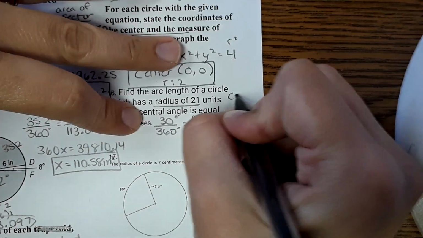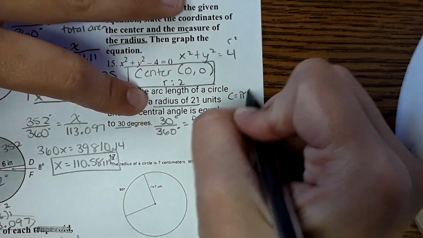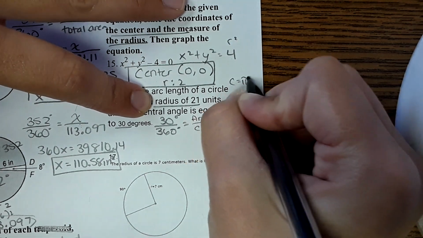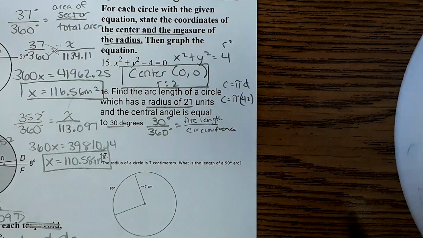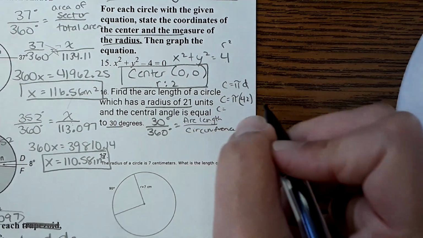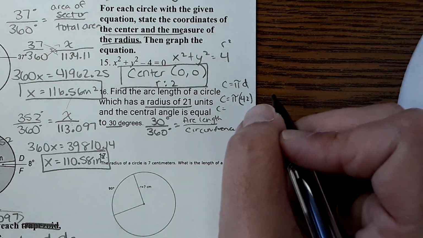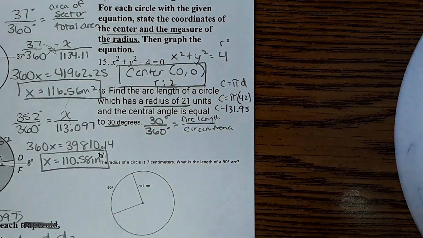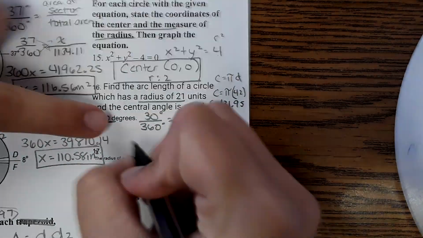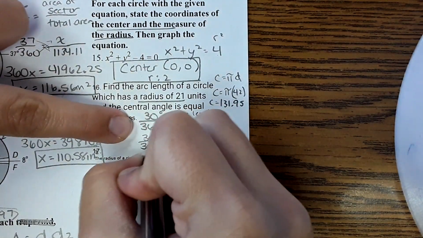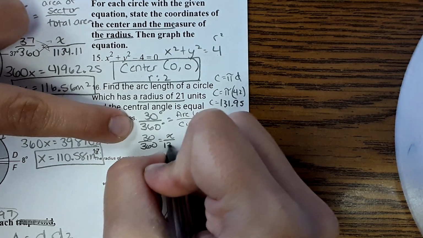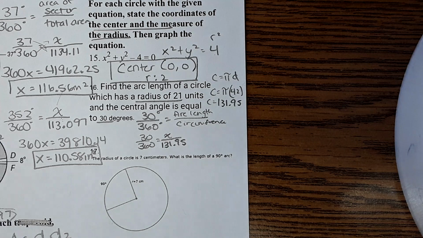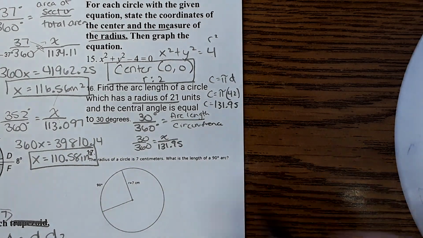So circumference equals pi times diameter, so that would be 42. Pi times 42 is 131.95. And then you can solve for x.